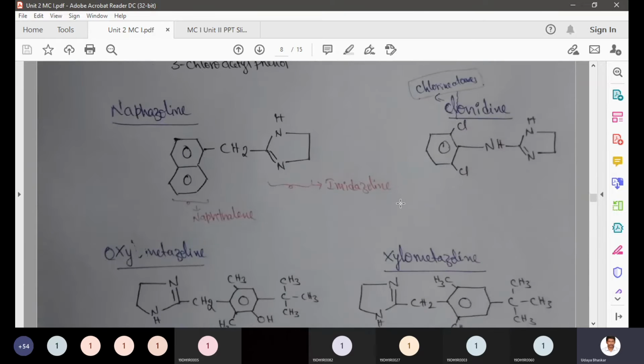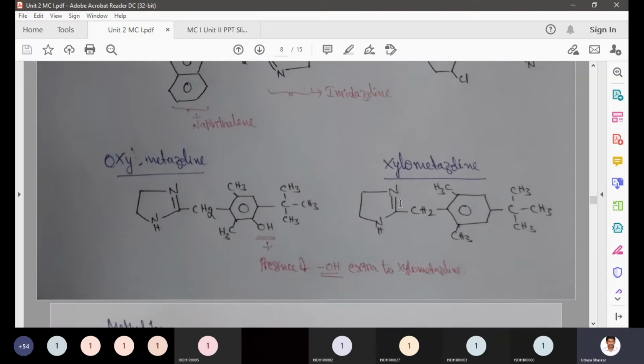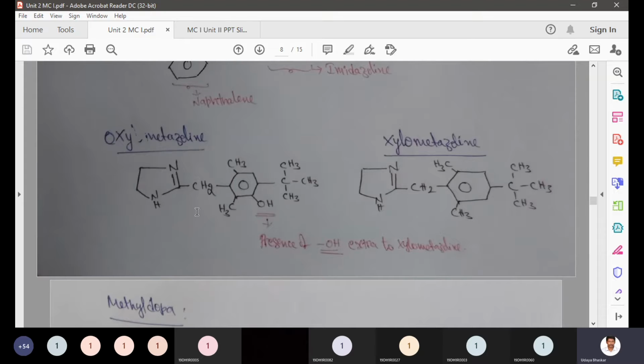Naphazoline is naphthalene combined with imidazole with a methyl link, and clonidine has a dichlorobenzene or phenyl ring attached to the imidazole ring, but here the link is an amino group. Oxymetazoline and xylometazoline: in xylometazoline, xylene is a benzene ring with two methyl groups, right? So xylo, methyl group, and this is imidazole again.